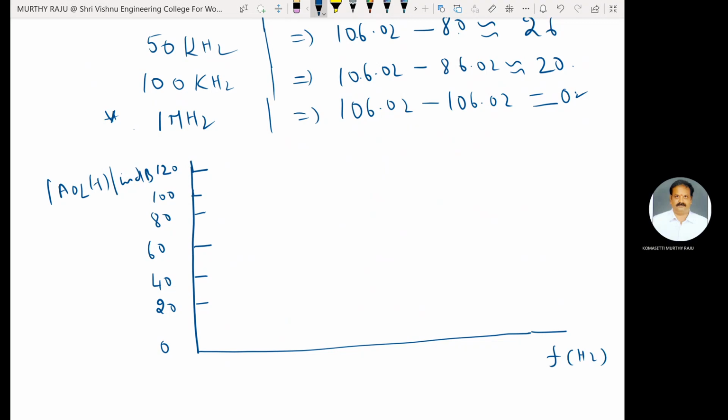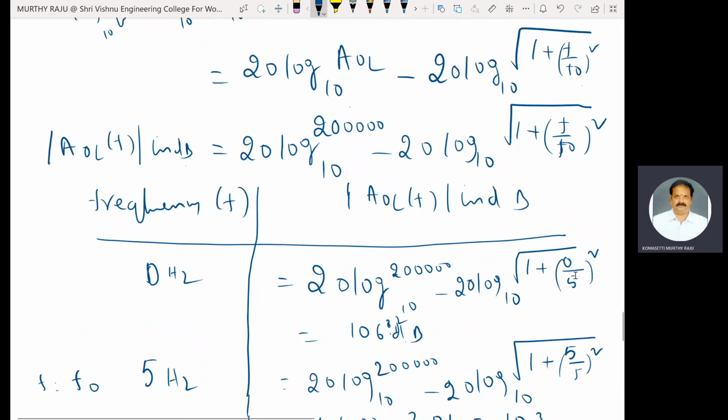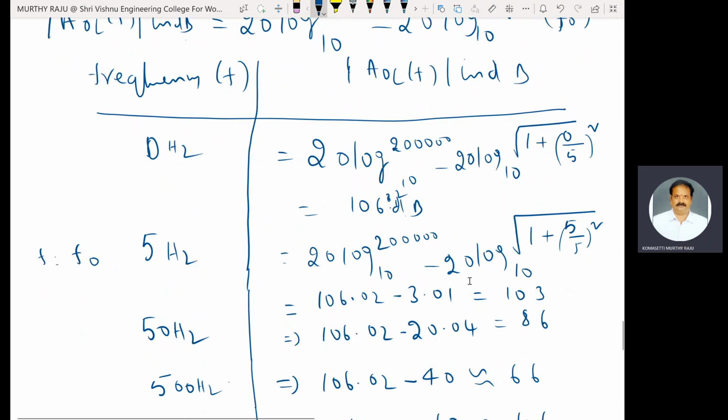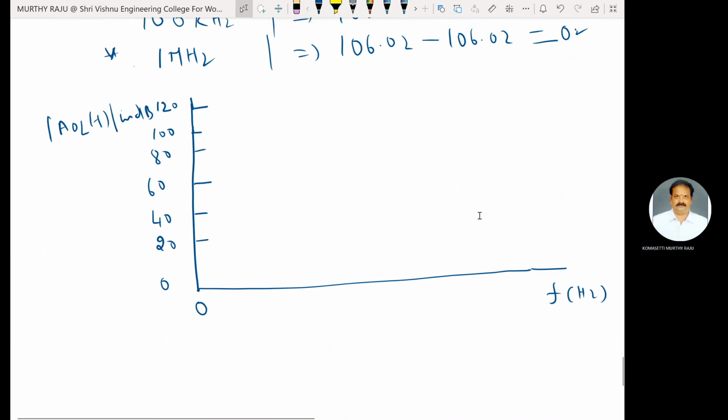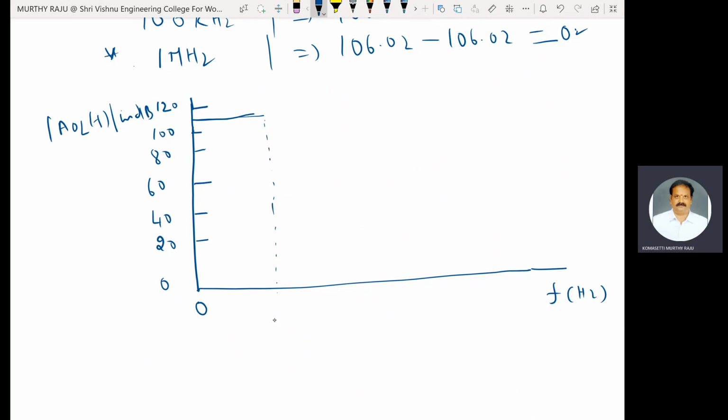That's one. At zero frequency, the value of gain is 106 dB. Consider this point here, 106. Next, at the break frequency of the op amp, that is 5 Hz.